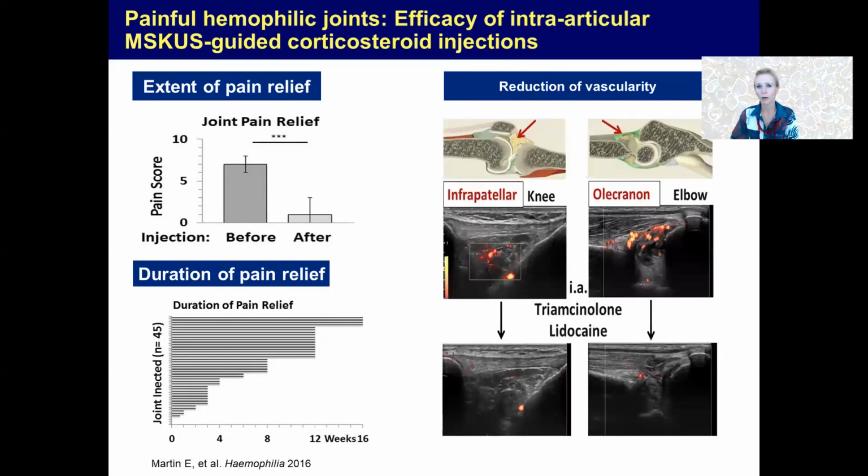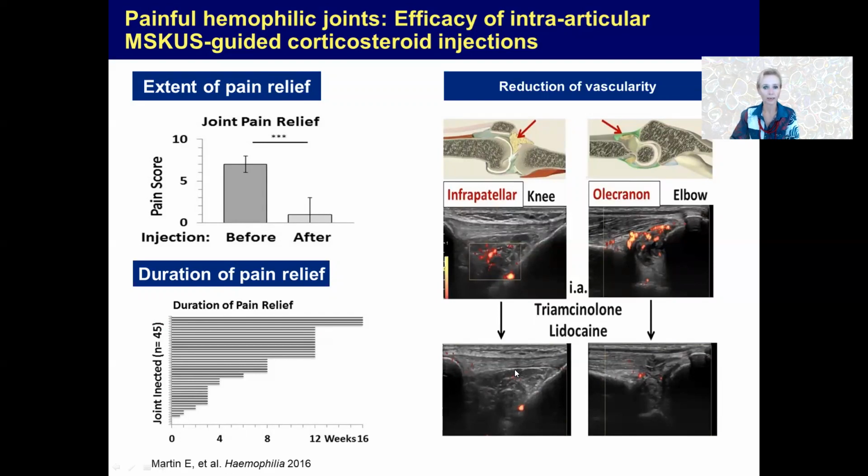And to allude to the possibility of corticosteroids being somewhat anti-angiogenic, you can see here in these two examples in the infrapatellar fat pad in the knee and in the olecranon fossa here in the fat pad and in the synovial membrane, the situation before injection was quite some vascular remodeling and vascularity, and the reduction thereof after triamcinolone lidocaine injection.